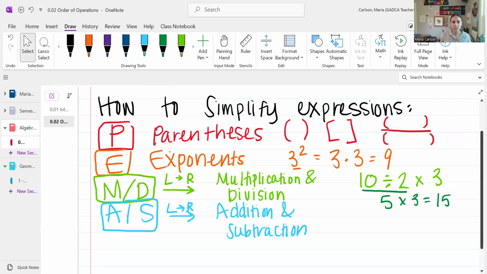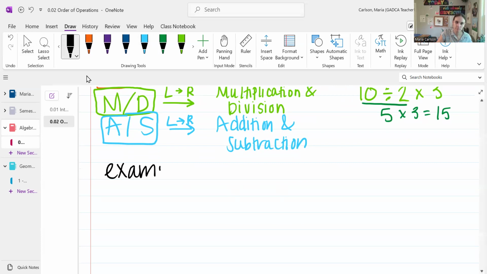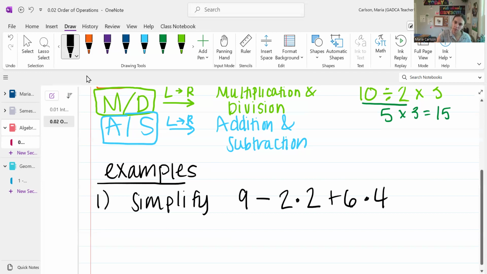All right, so let's look at some examples. Number 1, I am going to simplify 9 minus 2 times 2 plus 6 times 4 squared. Looking at this problem, I see there's a lot going on.